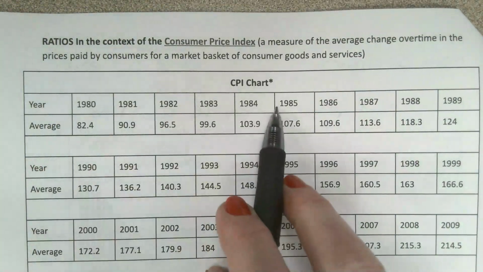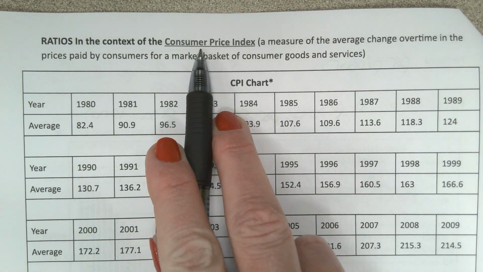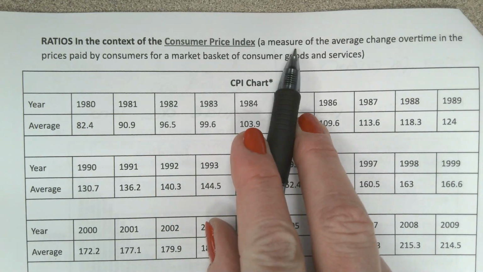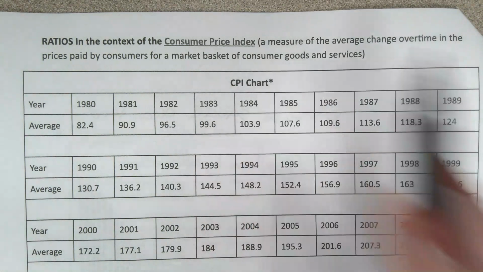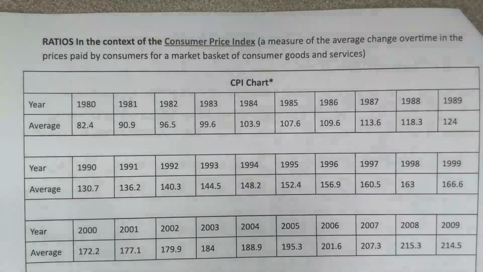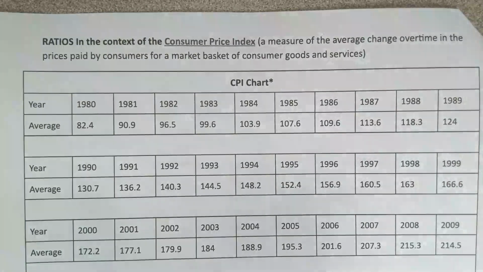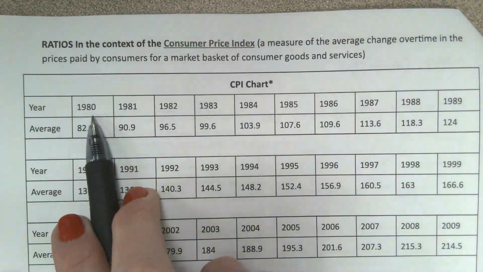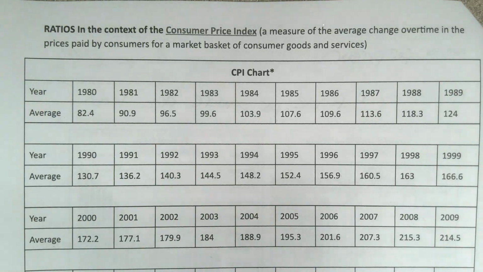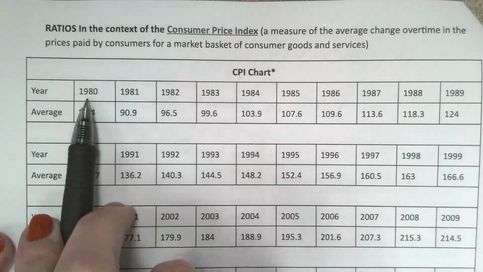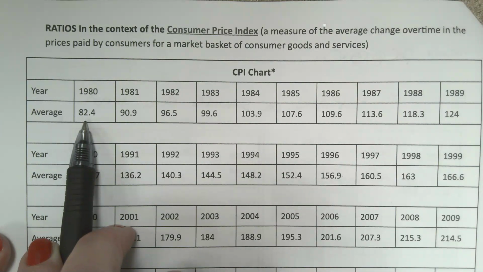All right, so we have what we call a CPI, or a consumer price index. Consumer price index measures the average change over time in prices. So it's kind of like how some people calculate inflation. They go to this CPI chart. They basically compared the same basket of goods. In 1980, this basket of goods cost $82.40.